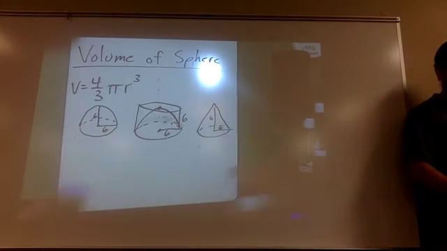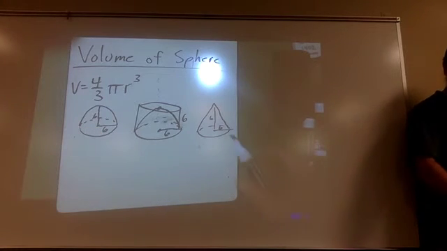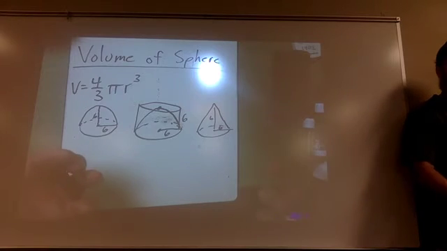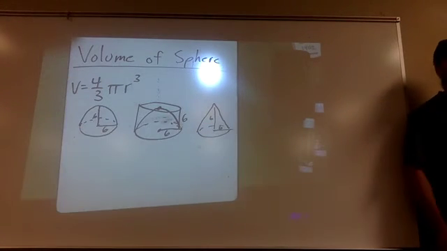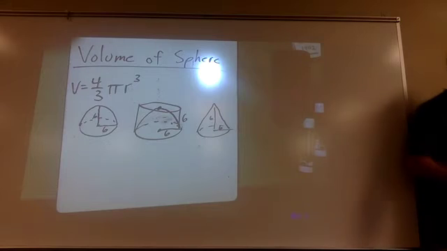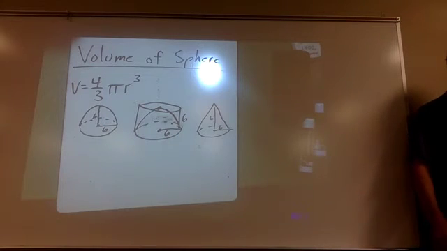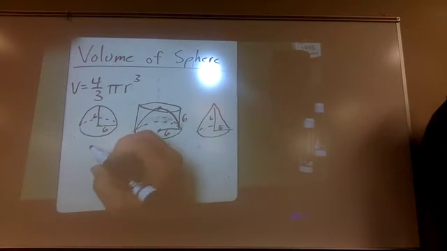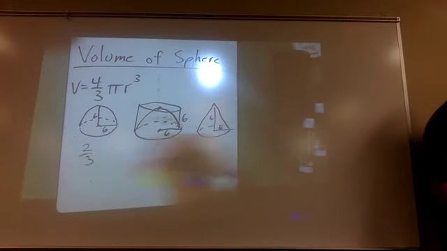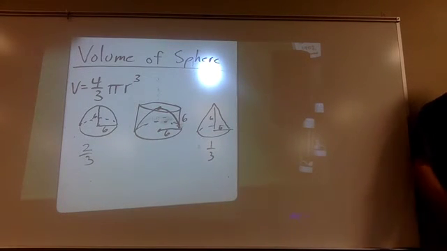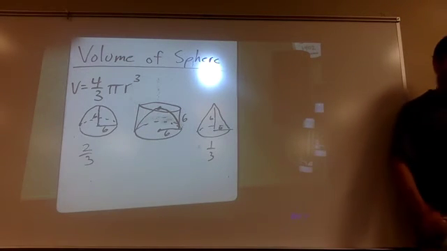And they'll pour water into the bowl, the half sphere, and pour water into the cone, and then take those two objects and dump them into the cylinder, and it exactly fills up the cylinder to the tippy top. The cone plus the sphere is the same size as the cylinder. The half sphere is 2/3, and the cone is 1/3. So 2/3 plus 1/3 equals a whole.